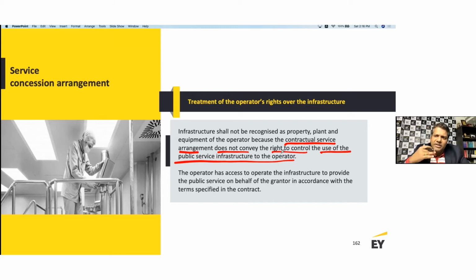So I am not the owner and I cannot direct the use. I can only operate the asset as directed by the grantor, the government. The operator has access to operate the infrastructure to provide the public service on behalf of the grantor in accordance with the terms specified in the contract.